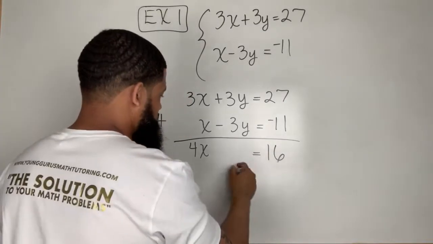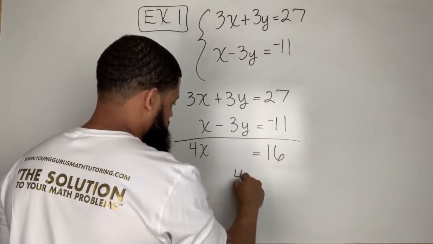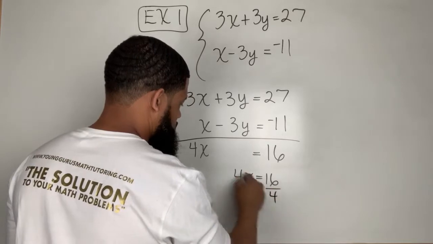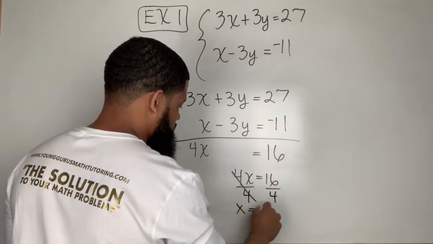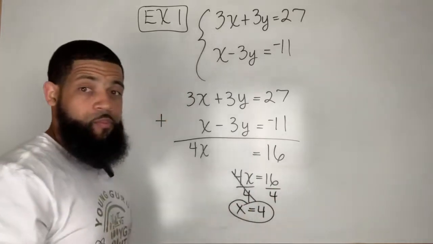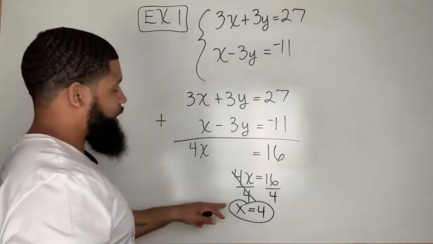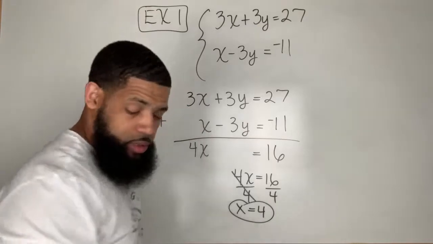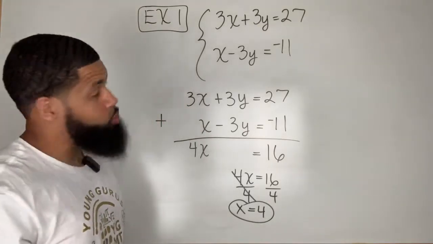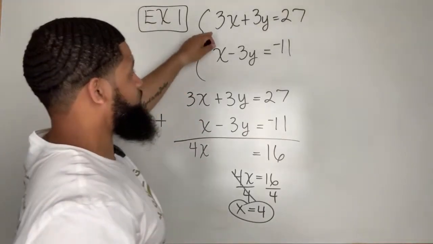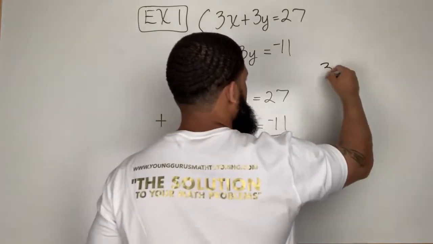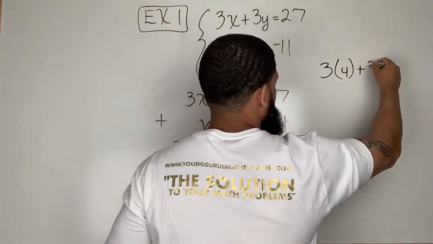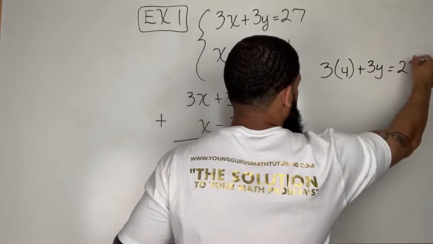If 4x equals 16, I can divide by 4, and x equals 4. Now I have to plug that into one of these equations, and I will find out what y is. I'm going to plug it into the first equation. So 3 times 4 plus 3y equals 27.